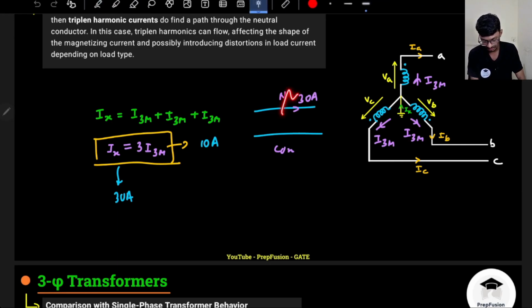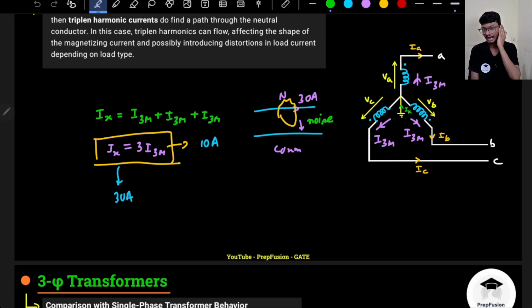It will generate a magnetic field, and that field will interfere with the communication line. It can change the current and add noise, and due to that, when you say hi there, the other person might hear something else. So that is the problem.